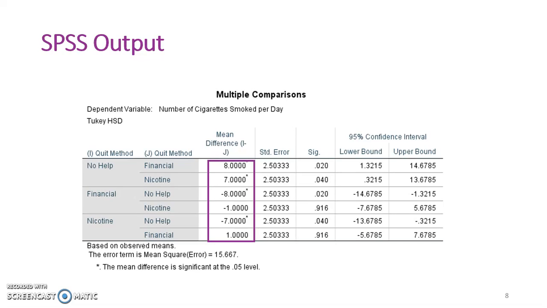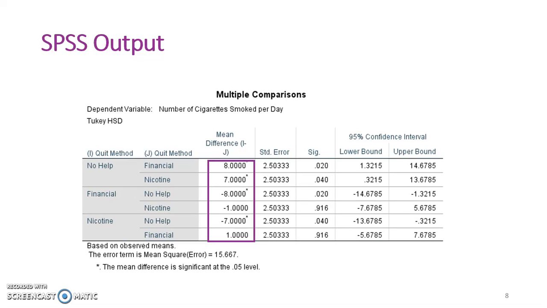So we've got this column that's highlighted in purple that gives us the mean differences in the metric of smoking intensity. Next to that is the standard error. And then the t-value is not reported, but the significance is. So that's the column to the right of the standard error.